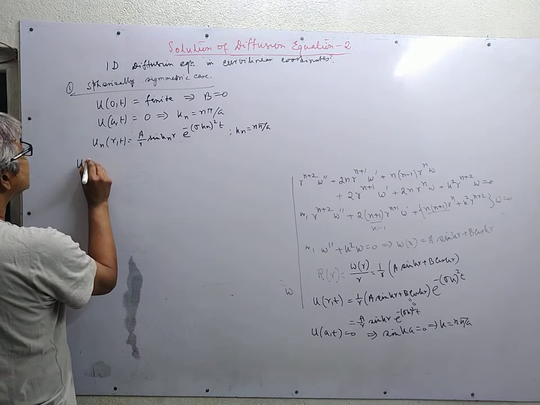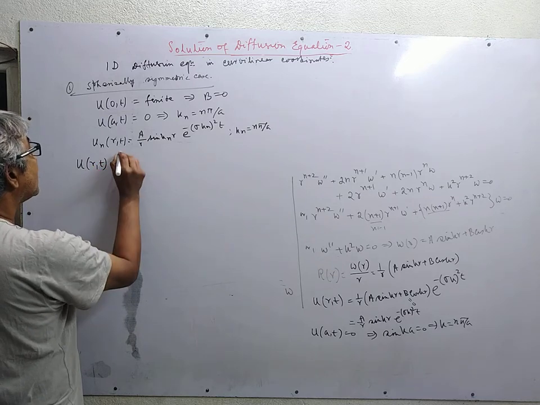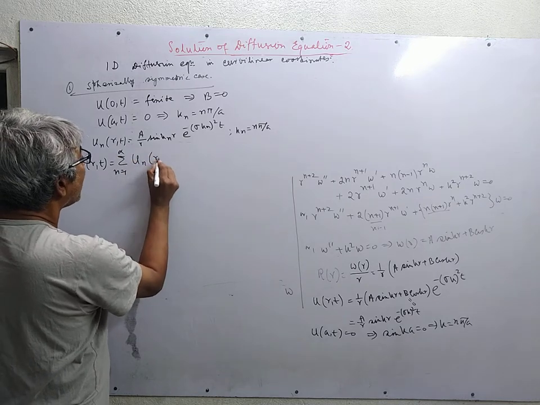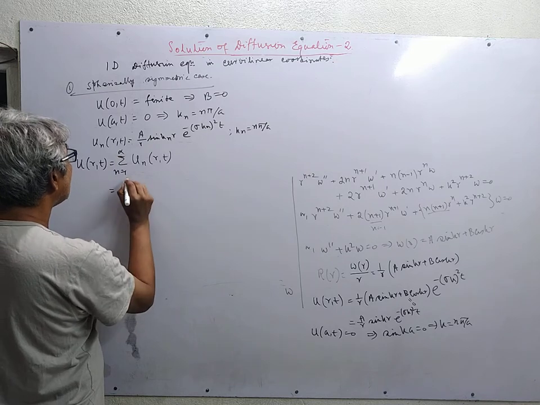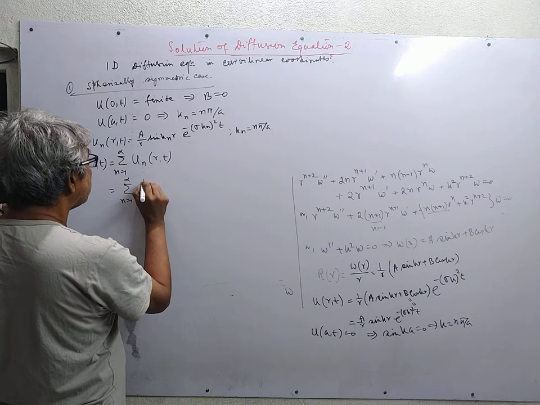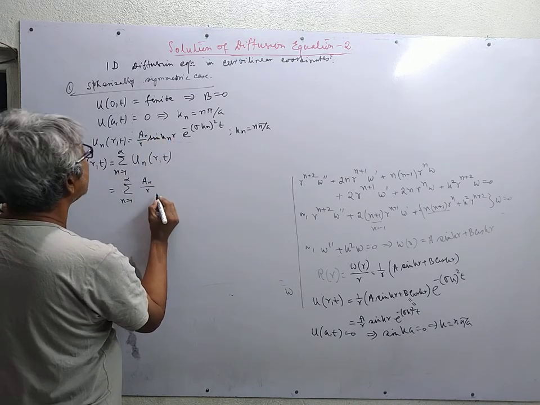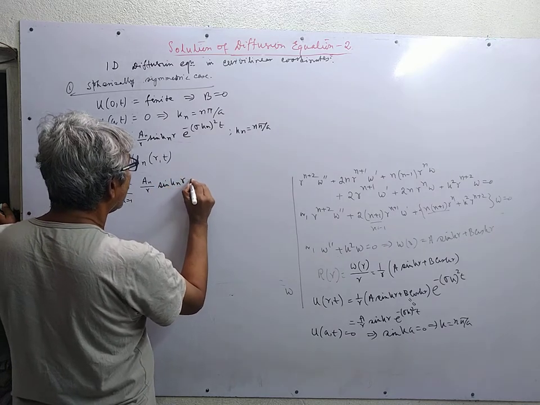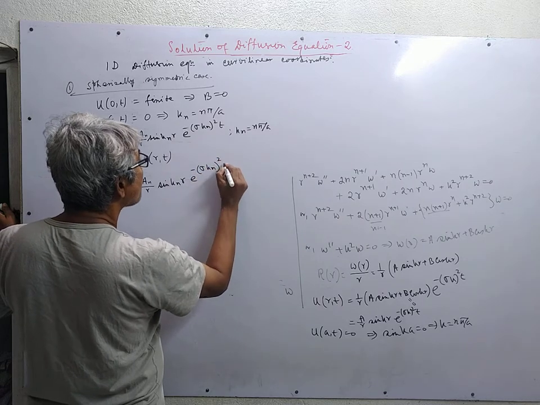So the general solution u of r,t is summation over n is equal to 1 to infinity u n of r,t. Writing explicitly, this becomes summation n is equal to 1 to infinity a n by r, sorry, there a n by r, sine of k n r e to the power minus sigma k n square t.